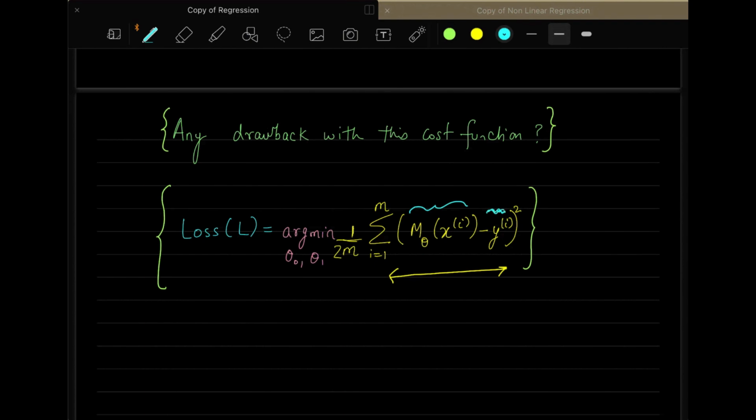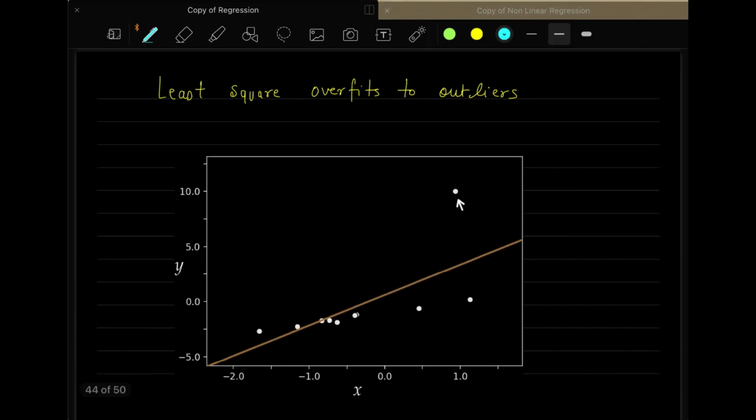So the problem here is the predicted value for this particular sample is this, but the actual one is this. So it calculates the difference of the error between the two, and the difference in the error is so large that it will drive this line to this position like this.